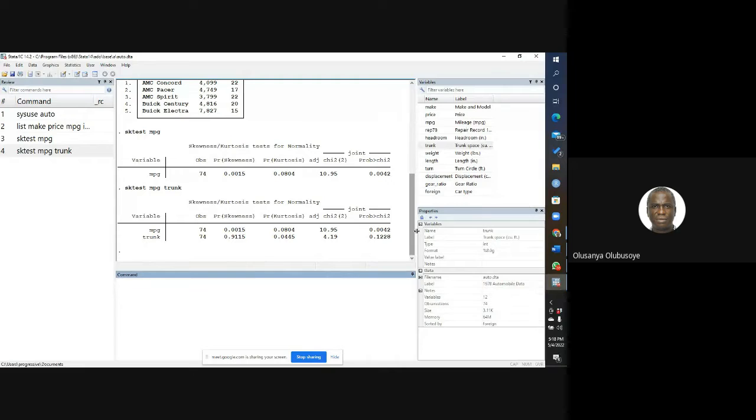The variable may not be skewed, but the kurtosis may be in excess, or lower than the thickness of a normal distribution. So you have to combine the information from both to take a final decision. Is that clear?